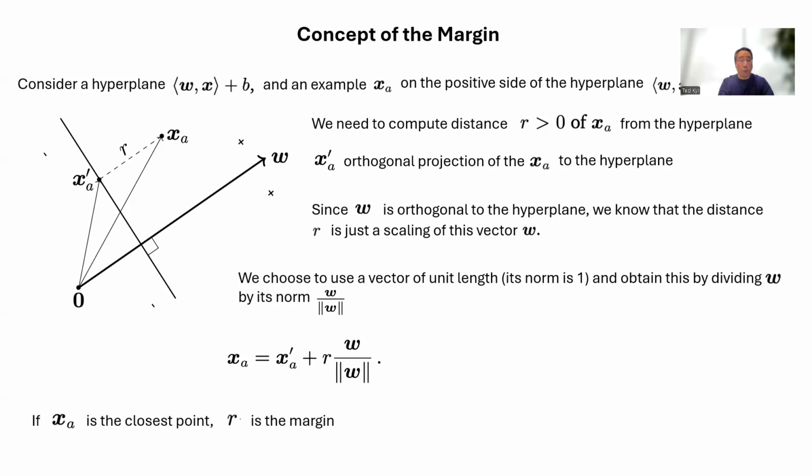Basically, if you take the projection of x sub a onto our hyperplane, you're going to be moving it via this dotted line onto the point x prime. Okay, and we can then measure the distance between x sub a and x prime along this dotted line, and we'll call that distance r.